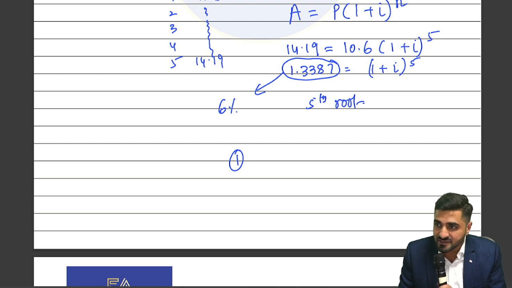You take 15 times, you get it exactly. Chalo, let's do it for 15 times. You have to press square root 15 times: 1, 2, 3, 4, 5, 6, 7, 8, 9, 10, 11, 12, 13, 14, 15.